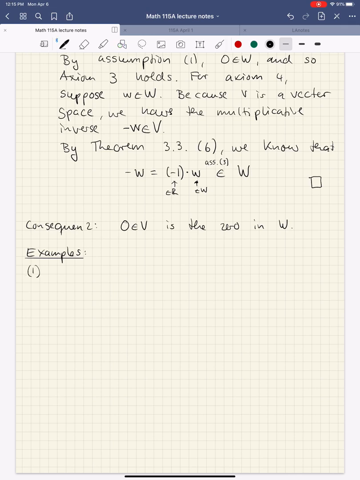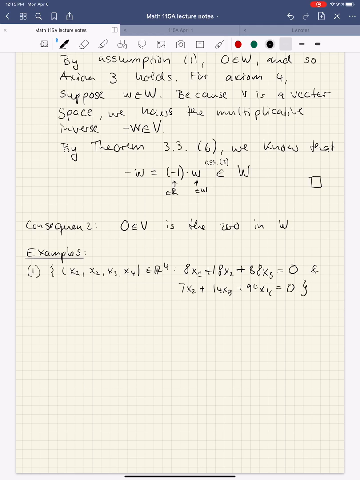Number 1, the set of x1, x2, x3, x4 in R to the 4, such that 8x1 plus 18x2 plus 88x3 is equal to 0, and 7x2 plus 14x3 equals 0.